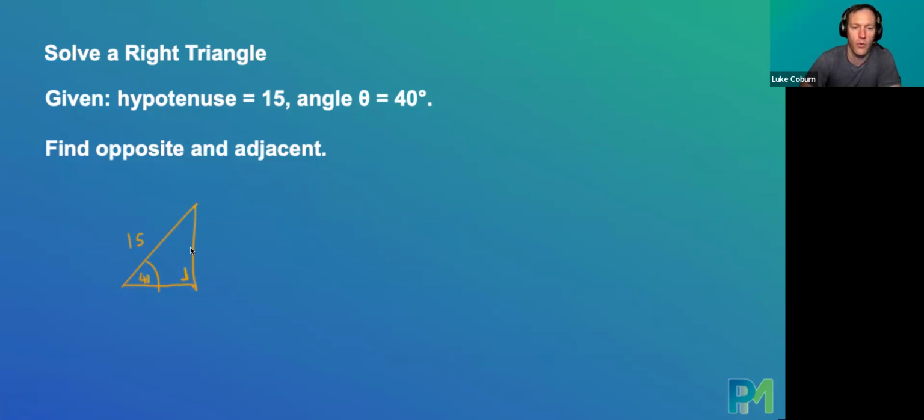Let me call that O. We'll call that A. And now this means that the sine of 40 is equal to O over 15. That tells us that the opposite O is equal to 15 times sine 40. And then the cos of 40 is equal to A over 15, which implies that A is equal to 15 times cos of 40.